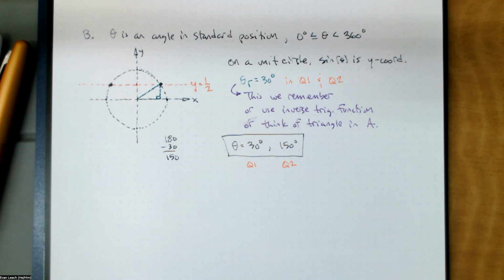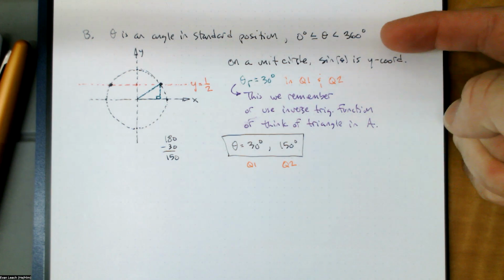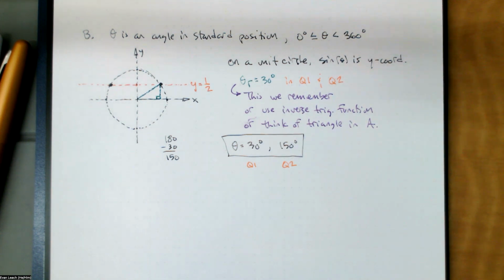Now, in this case, I specifically requested that theta be between 0 and 360 degrees. That tells you to set yourself to degrees. But the unit circle is also a place where we might have the context of radians.